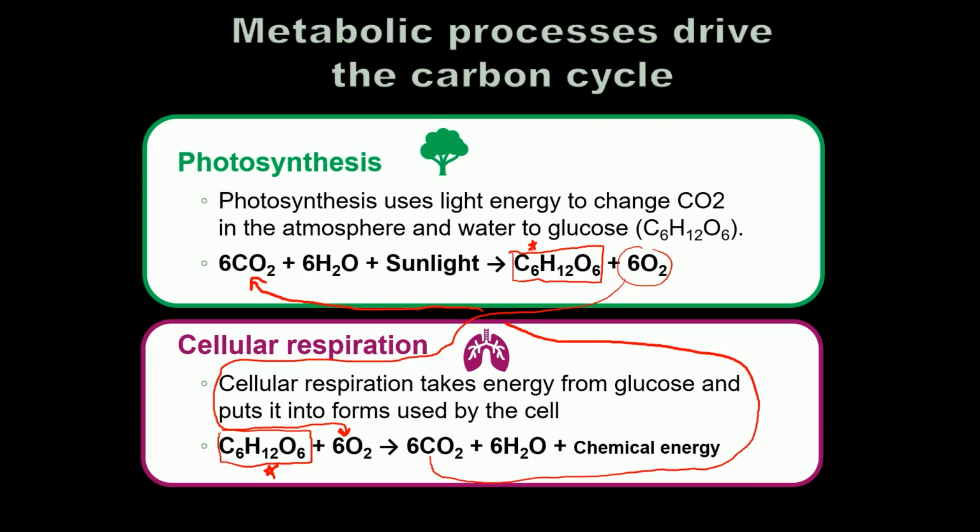So we eat that and we breathe in O2. And then our cells rearrange these atoms in order to make CO2 and H2O. So we break down that sugar and we turn it back into carbon dioxide and water. And remember what I said a moment ago, sugar has a lot of energy, carbon dioxide and water don't.